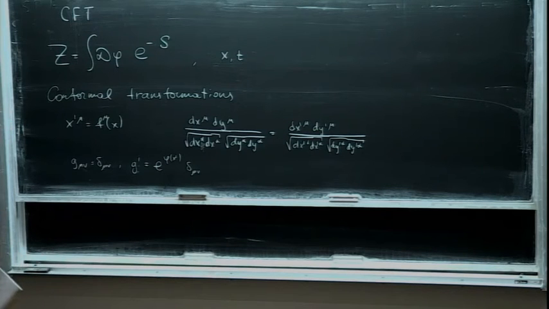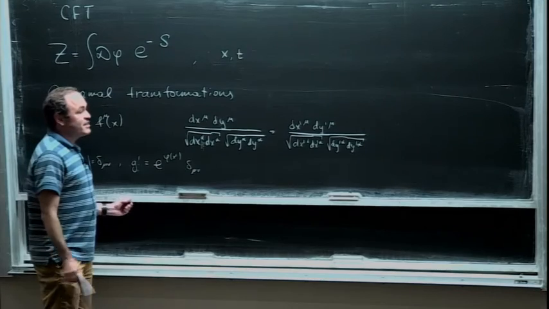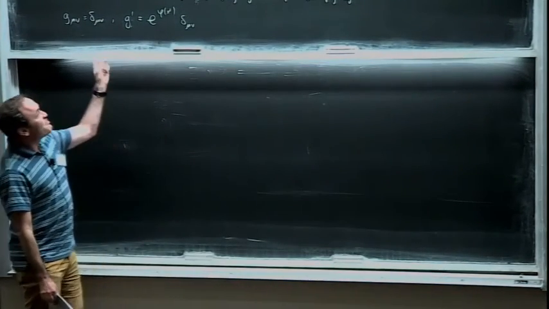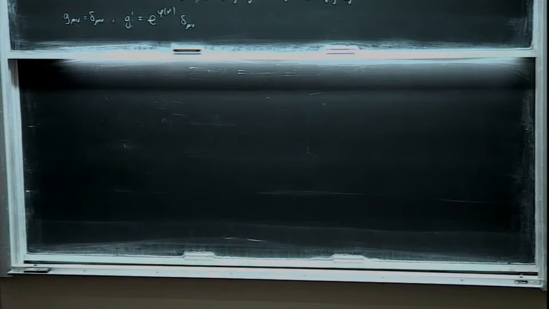So as long as the new metric is some overall factor multiplied by delta_mu nu, the transformation we're talking about will be conformal. And so that's one convenient method of thinking about what conformal transformations are. They're the ones which multiply the metric, if you do a change of coordinates, by an overall factor, but they don't touch the structure.